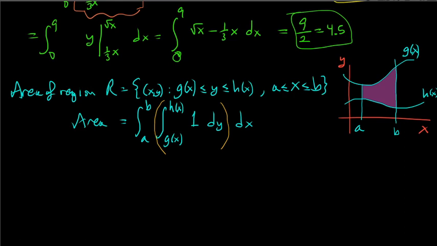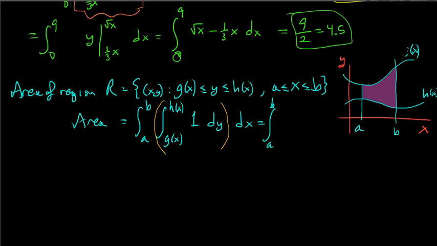Right? And just to show you that you recover what you did in Calc 1, this is just the definite integral from a to b of the top curve, no, okay, so I flipped g and h. So g is the bottom curve, not the top curve.